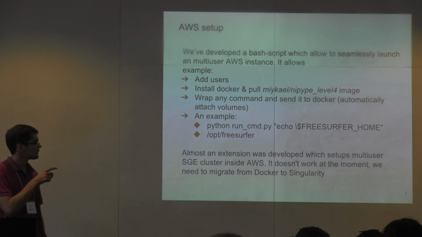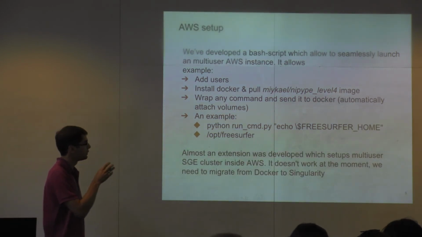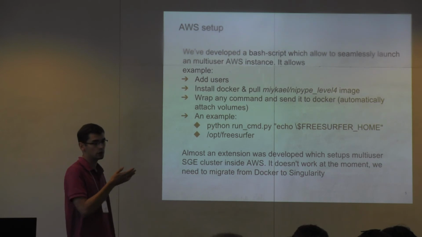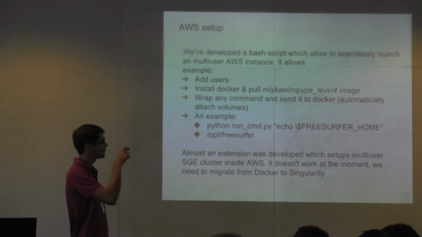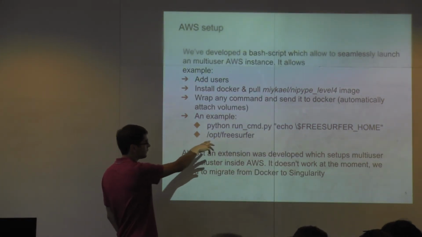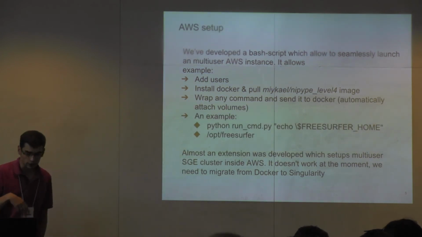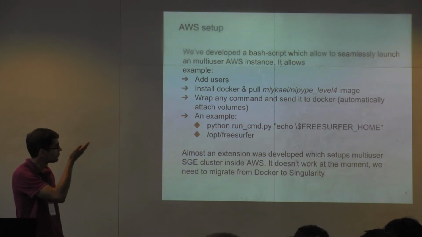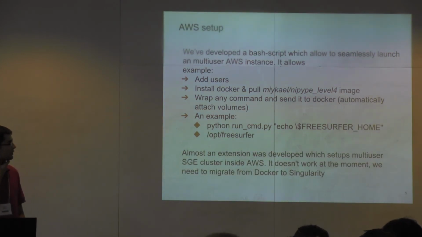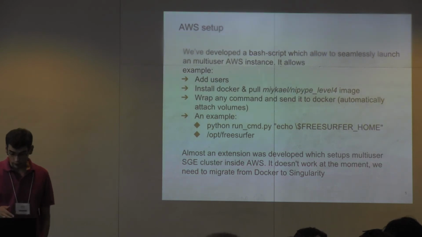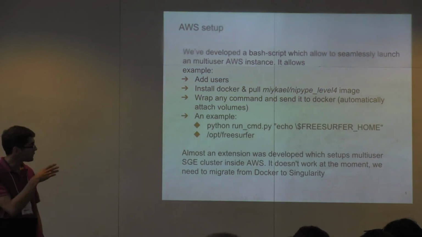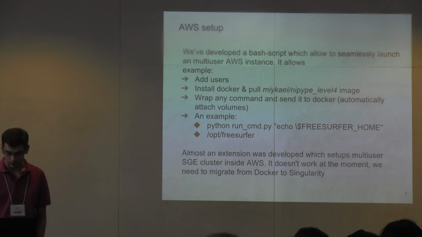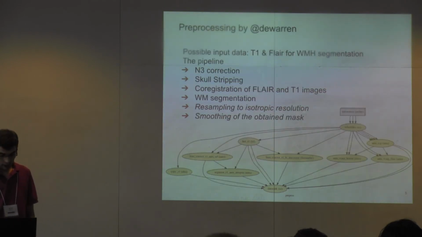It also provides a very simple way to launch any bash command inside your Docker image, like this one. In the image, it's in the node itself, there is no Docker, of course, so no FreeSurfer and no FreeSurfer variables. And I hope that we will also push these things with SGE in a couple of weeks.